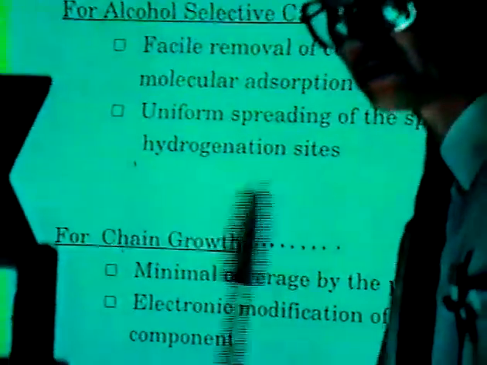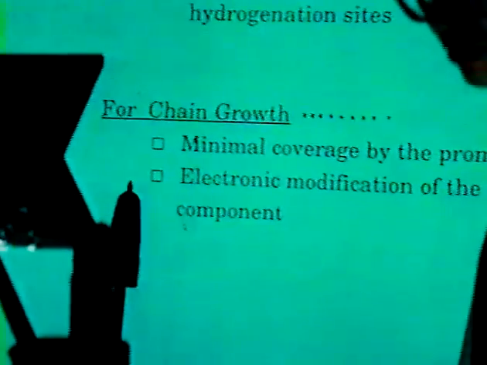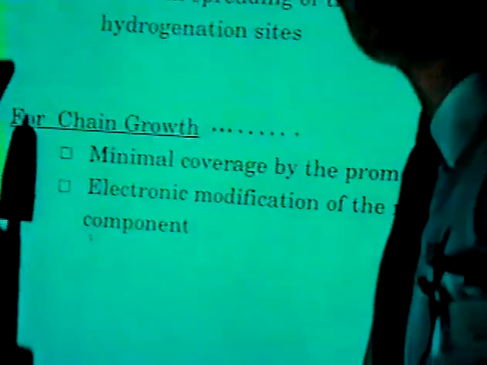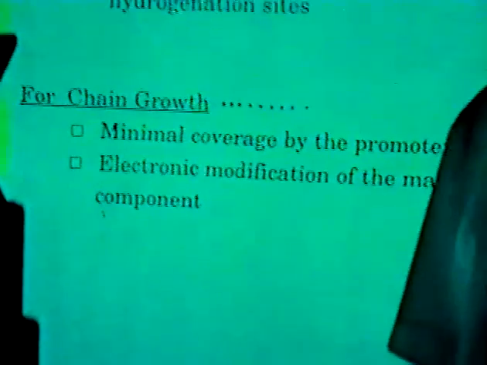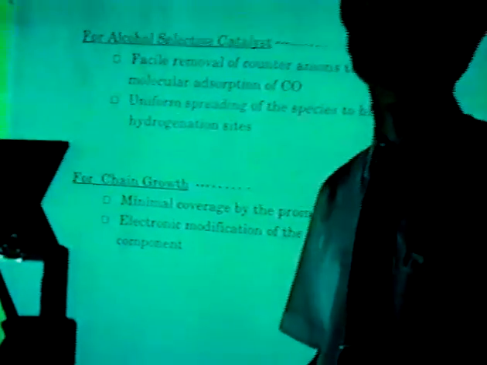Secondly, uniform spreading of the species to block the hydrogenation site. For the chain growth promoter, you want a minimal coverage by the promoter and electronic modification of the main catalytic component is required. Thank you for your attention.